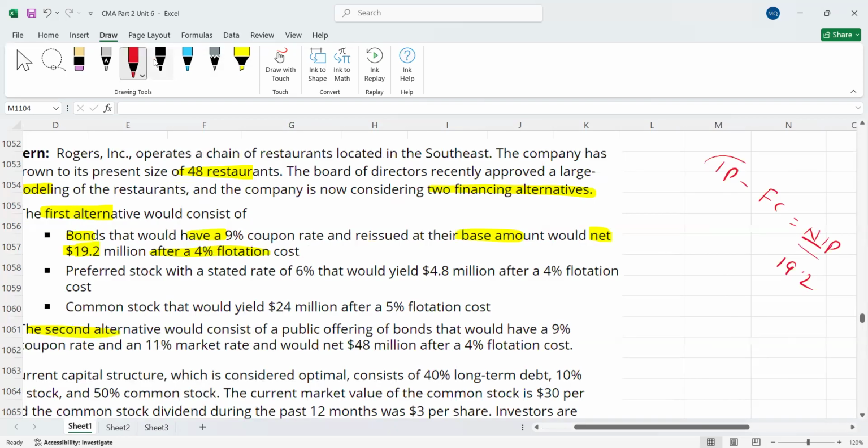I want to know the gross proceed, or issue price. And flotation cost he told you is 4%. It means I can assume issue proceeds are 100%. From there, flotation cost is 4%, so my net issue proceed is 96%. So can I gross up this value now? Yes, I can gross up. How?